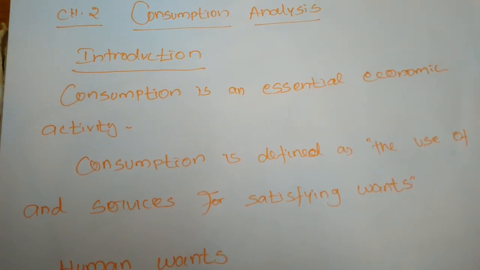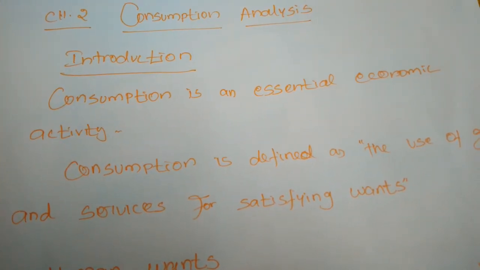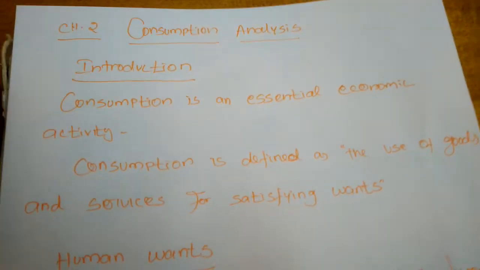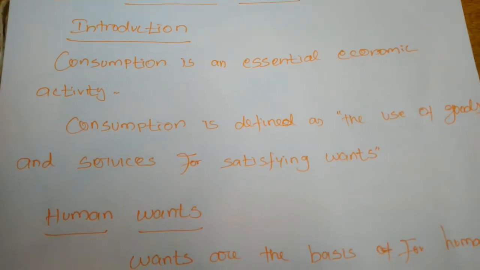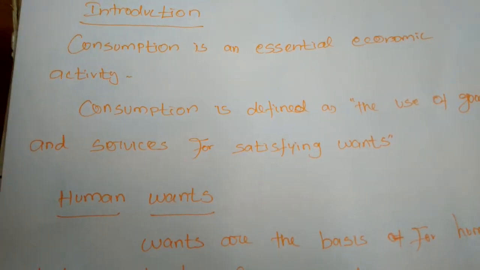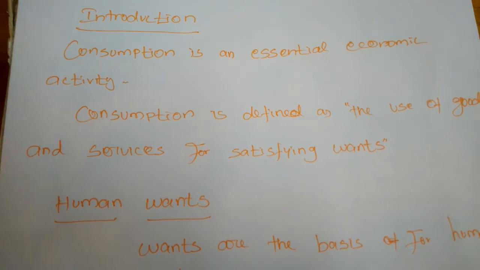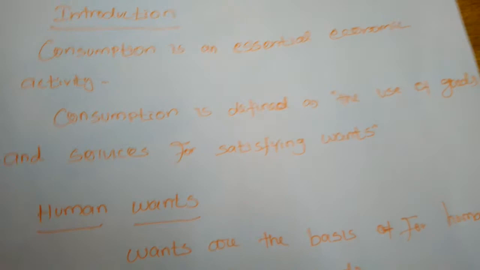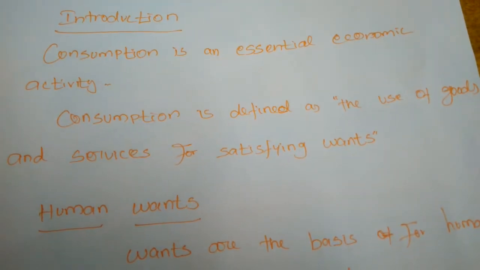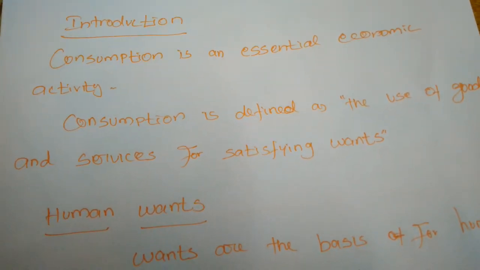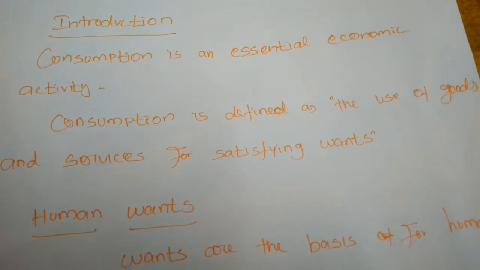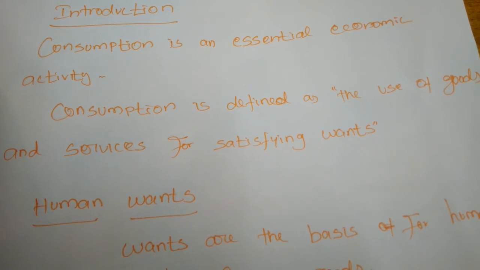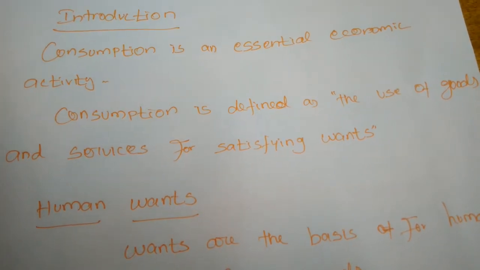The quantity and the quality of consumption determine the standard of living of the people. If you want to understand the standard of living of the people, we can understand it on the basis of the amount of their consumption. Normally, if people consume more commodities and luxury goods, we can understand that they may be rich and their living standard may be higher.